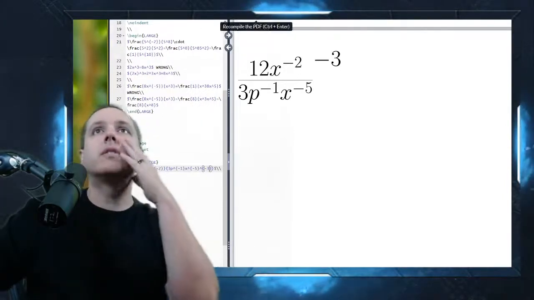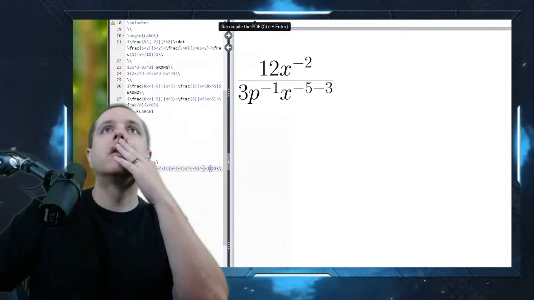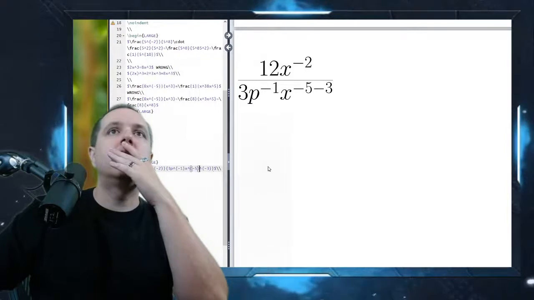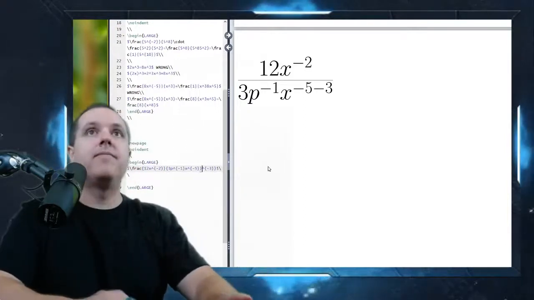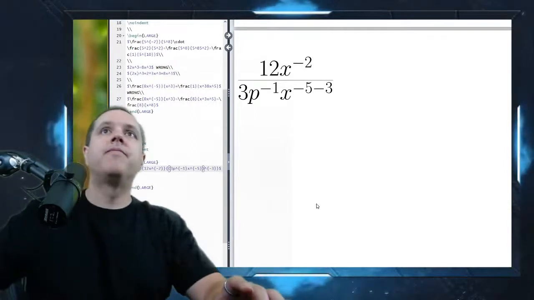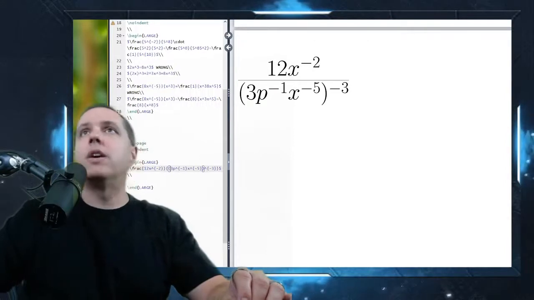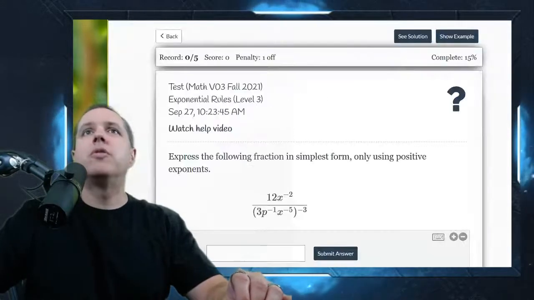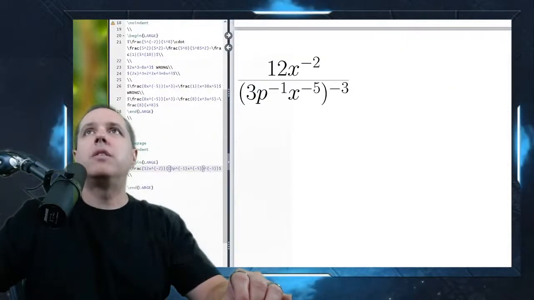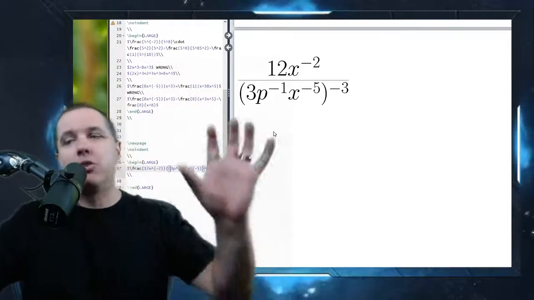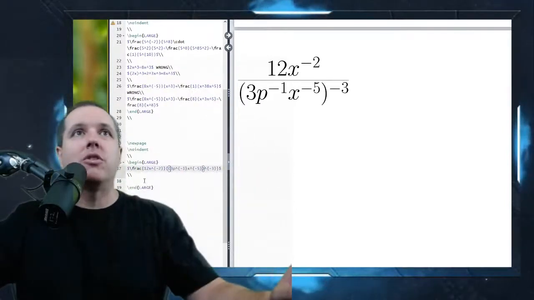See if that fixes it. It will if I put parentheses here. There we go. Okay, does that look like it's supposed to? 12x to the negative 2, 3p to the negative 1, x to the negative 5, all raised to the negative 3. Okay, we got it. Took me a second because my bracket was grouping things differently, since I had my bracket in the wrong spot.